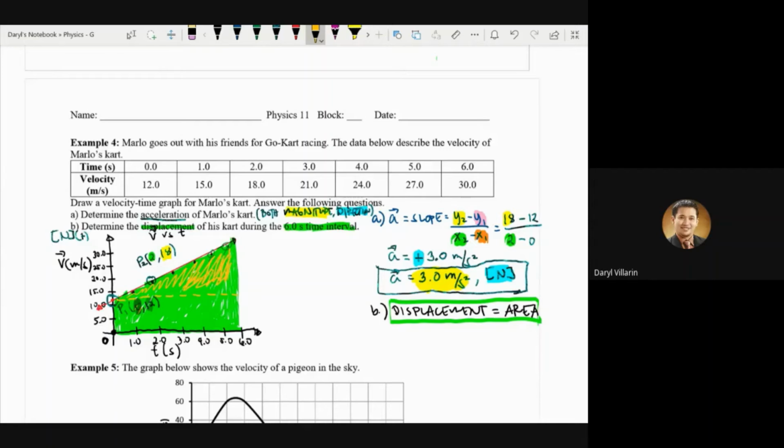Okay. So to get the total area, that would be equivalent to the area of the rectangular part plus the area of the triangular part.